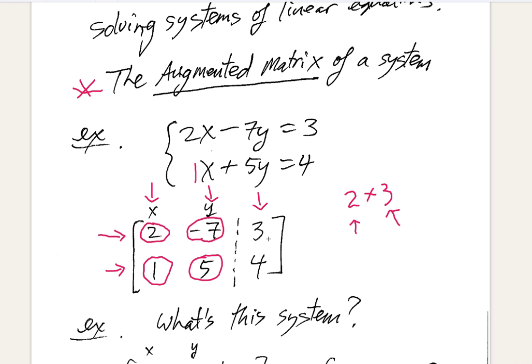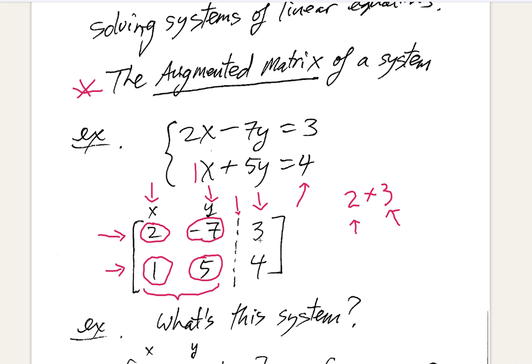Now I've also got this little dashed line here. This little dashed line separates the coefficients, the numbers multiplying x and y, from the constants. You'll notice there are no x's or y's on the 3 and 4.